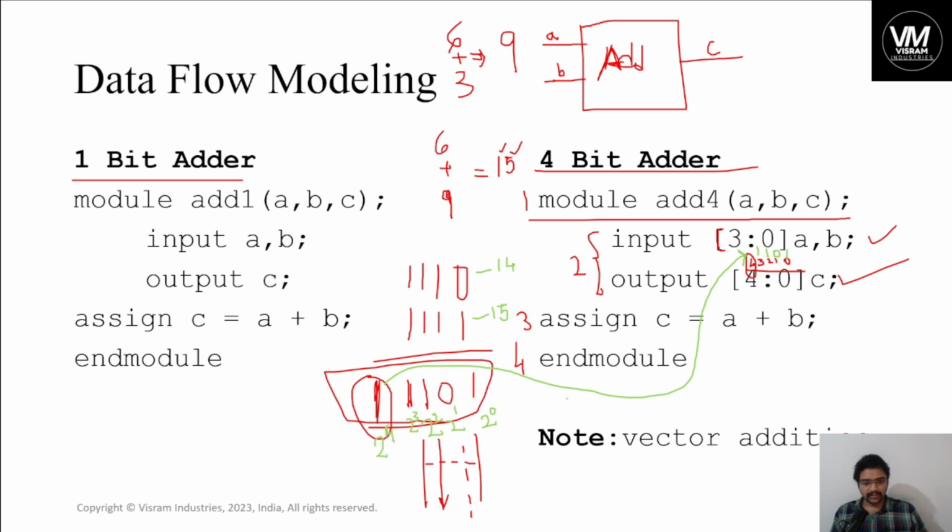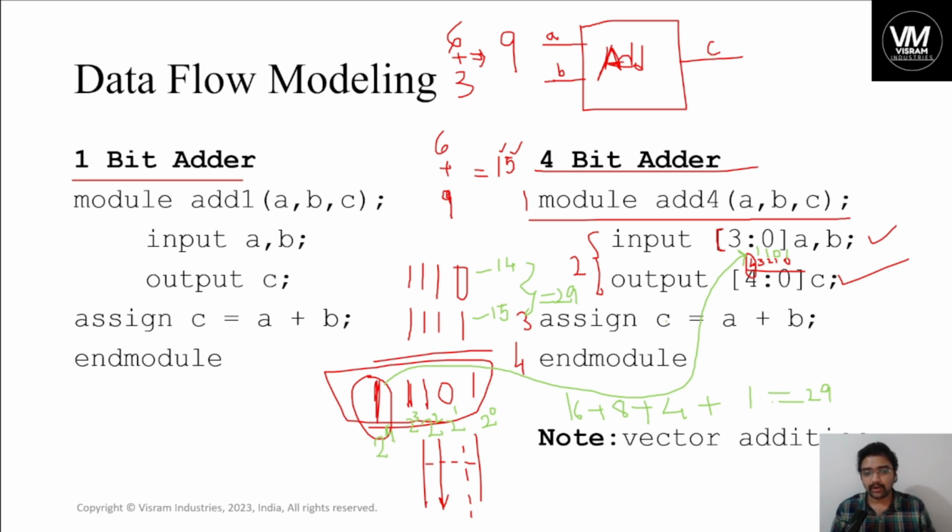So the value is 16 plus 8 plus 4 plus 1. So it is 24, 28, equal to 29. So that is what the value of 14 plus 15 is. So 29. This is how the data is stored.